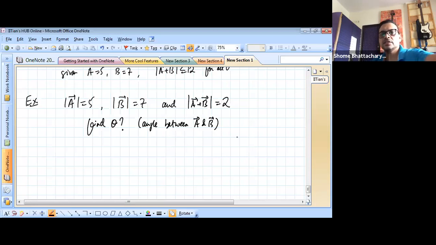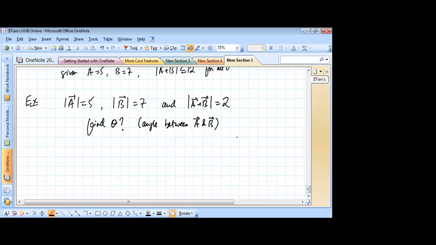Correct. Aman, your answer is correct. Good. Rest of you can also get it very easily. Just write the statement and you will understand.